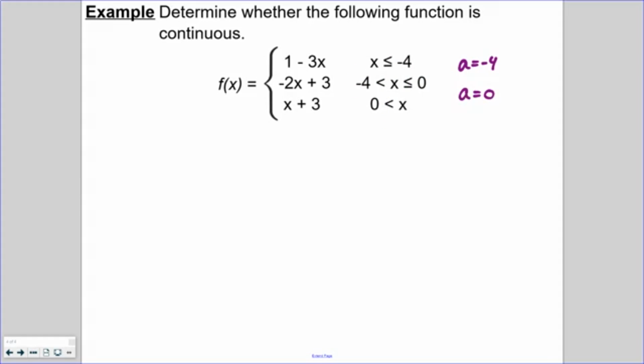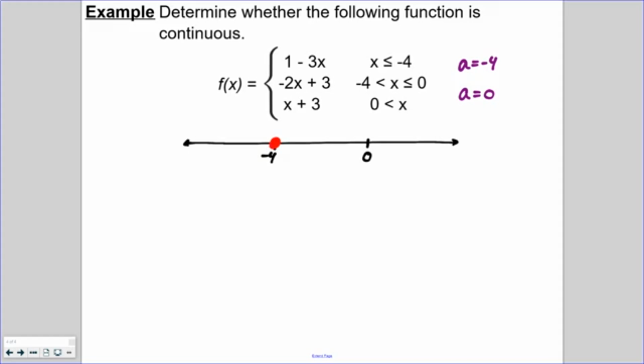Next, on to our number line. So, number line, -4 and 0. All right, so let's see. For our first piece, 1 minus 3x, we're going to use this function whenever our x values are less than or equal to -4.